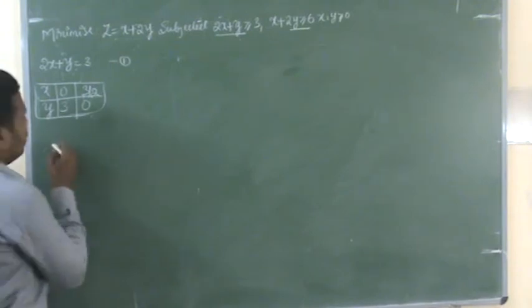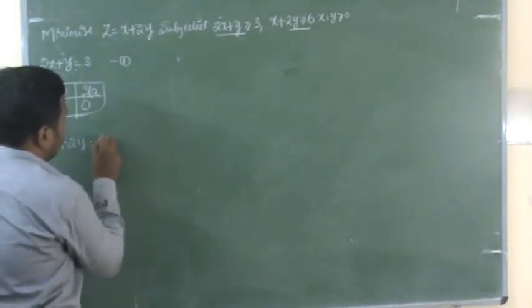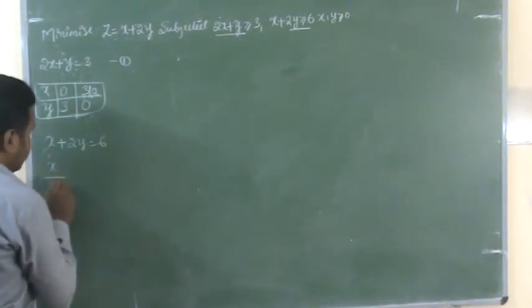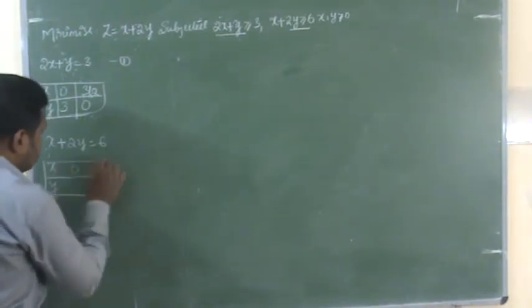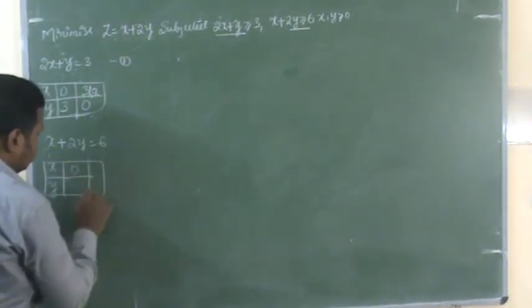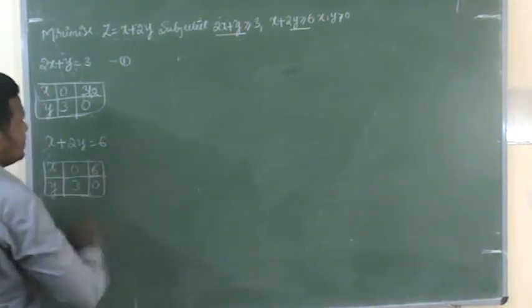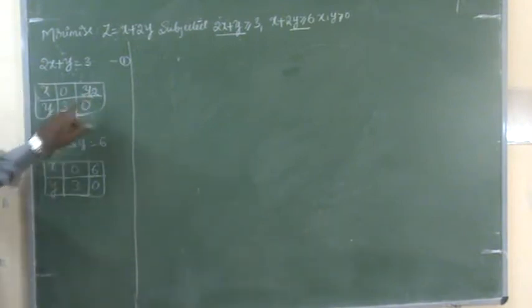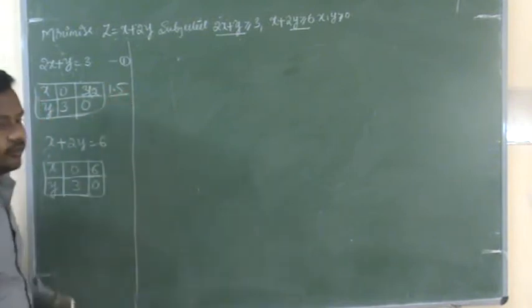Now for the second equation, x plus 2y is equal to 6. When x is equal to 0, the y value is 3, and when y is equal to 0, the x value is 6. Here 3 by 2 is 1.5.